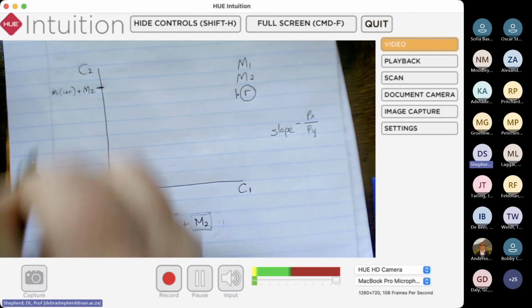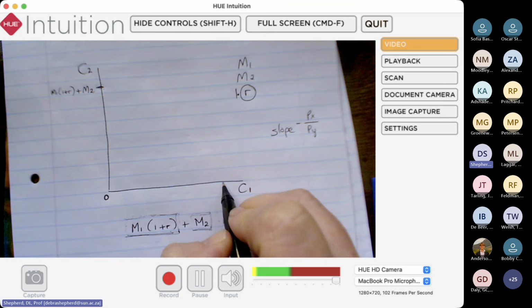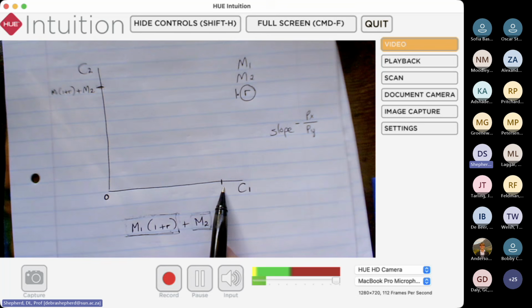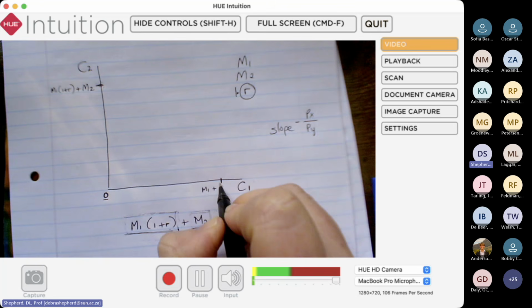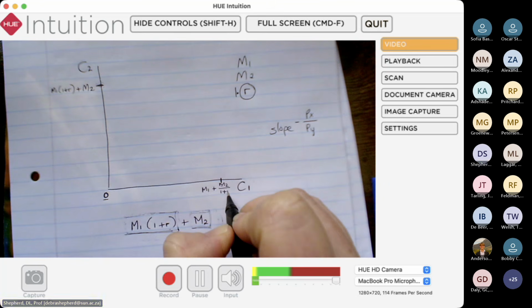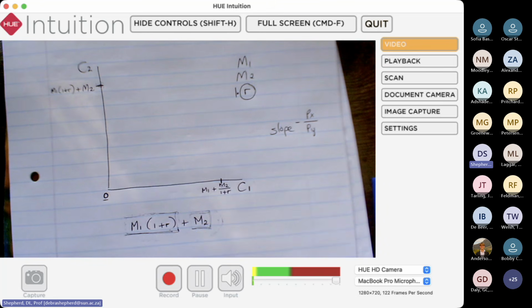The same logic would then tell us that this intercept here would be how much could we at maximum consume today if we choose to consume nothing in the future. And so that would be M1 plus M2 over 1 plus R. So this is the present value of our lifetime income.